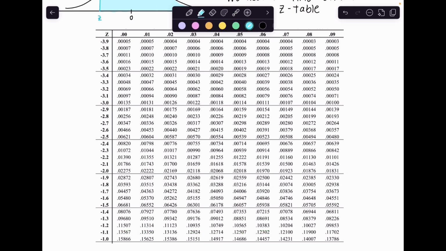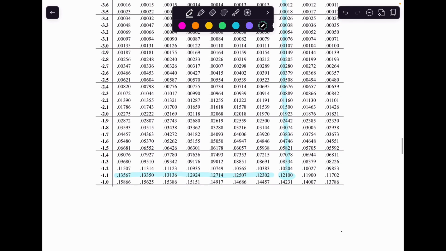So this is my area that I'm searching for. So for that specific Z-score, I first go to the left, and that tells me it's negative 1.1. And then my second decimal spot, third digit, is a 7. So the Z-score is negative 1.17.